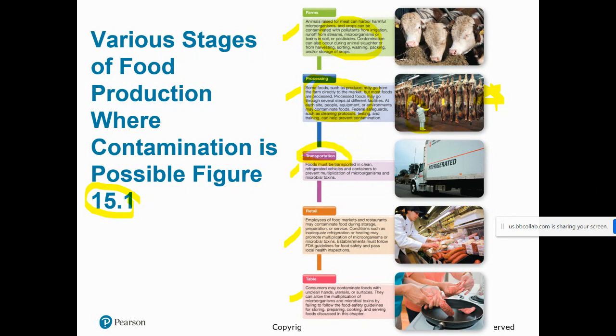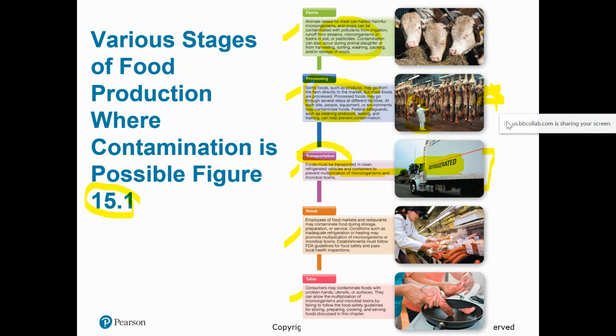And then transportation. Now you're transporting all of these, sometimes the carcasses, maybe they are slaughtered in one place and then processed elsewhere, but oftentimes a slaughterhouse and a processing facility would be the same location. But then you're transporting these different cuts of meat, and it does need to be refrigerated transportation, or else you would easily see microorganisms proliferating. And then retail, at the grocery store or the butcher shop.